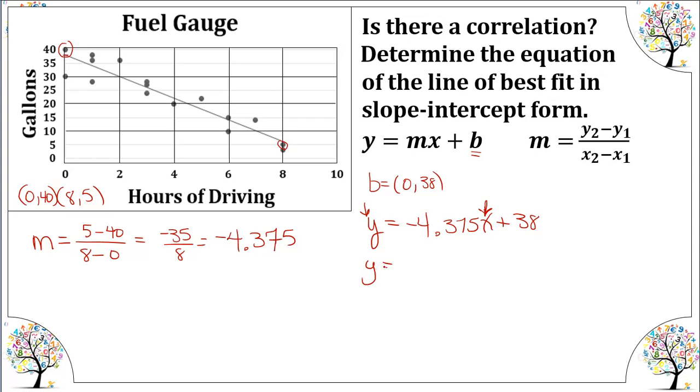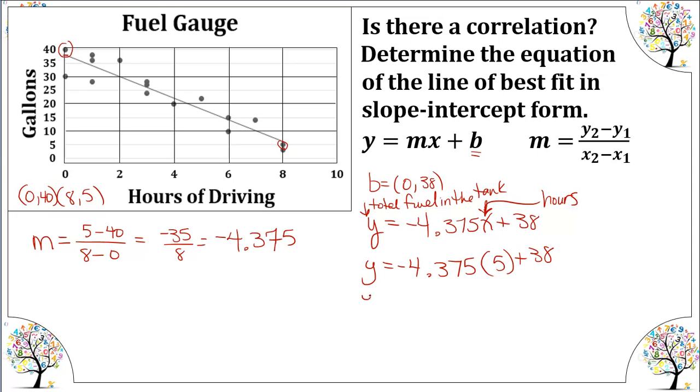So let's make a prediction and see, using our linear model, in 5 hours how much fuel is in the tank. So y is total fuel, not used, but total fuel in the tank. And x is hours of driving, so hours.